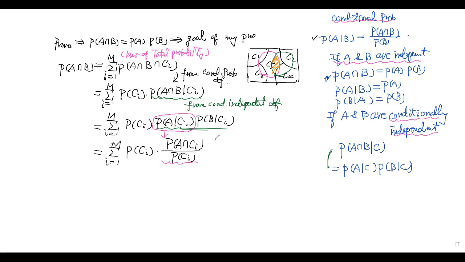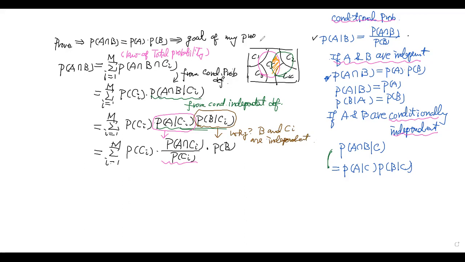And then this term, P of B given Ci, will be P of B. Why? Because B and Ci are independent, so whether given Ci or not given Ci doesn't matter.